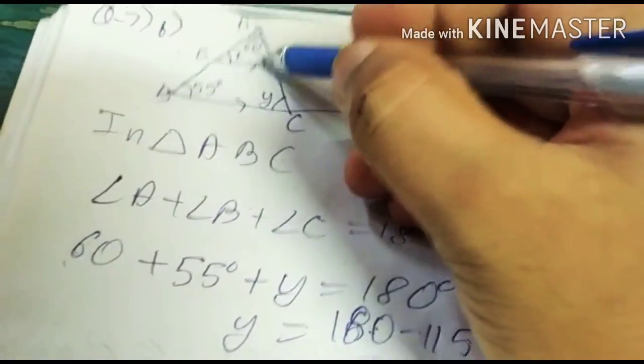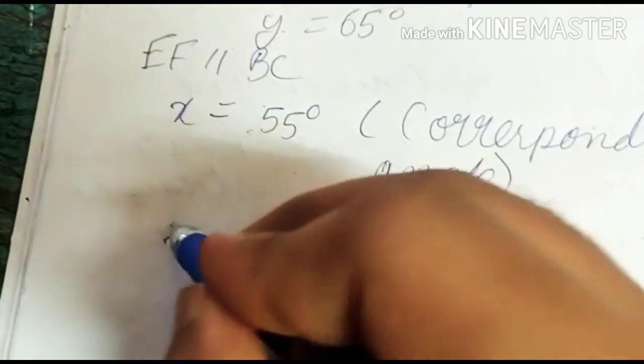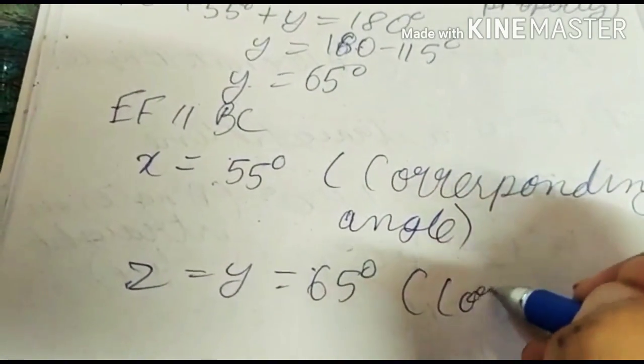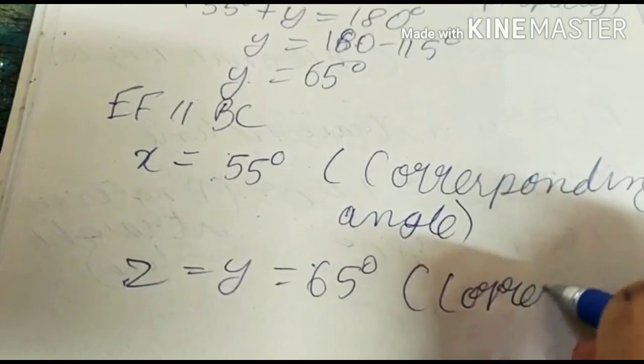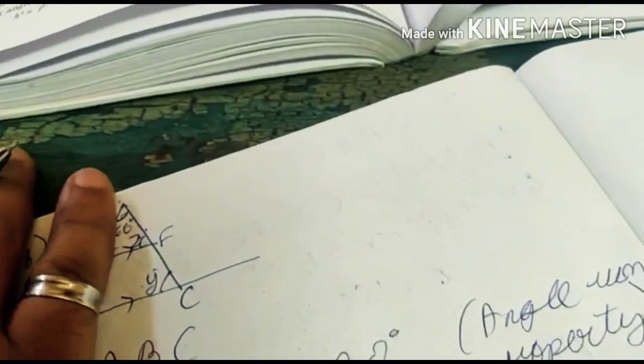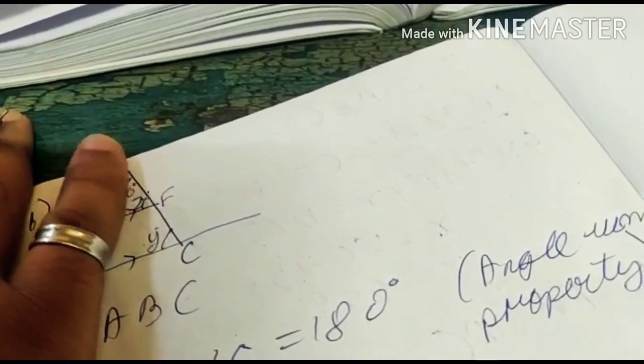Same for z. Z equals y, so z equals y equals 65 degree. How? It is also corresponding. Look, if we hide this, here are z and y.